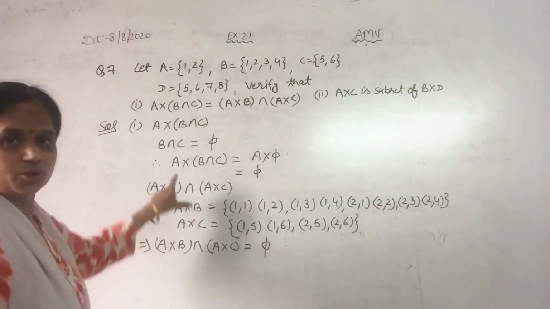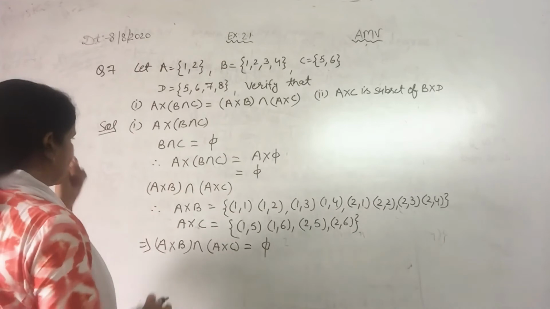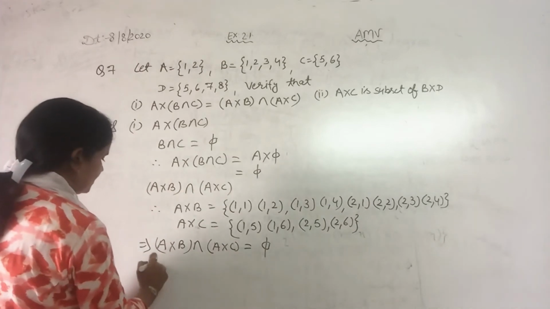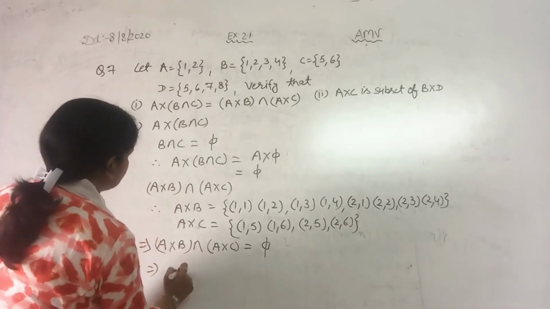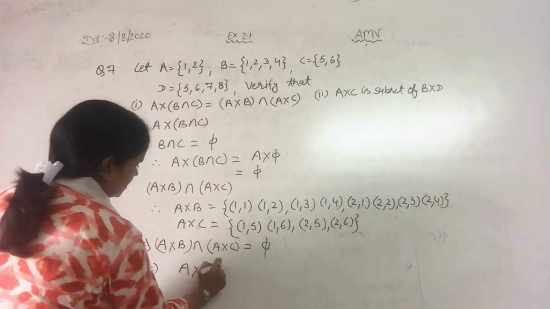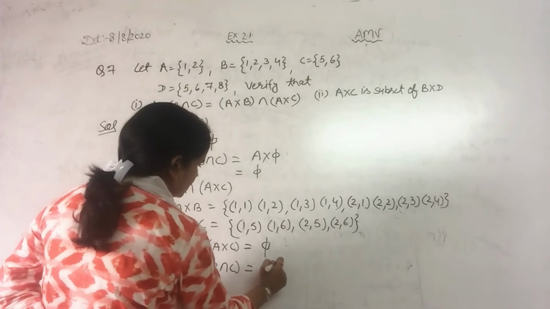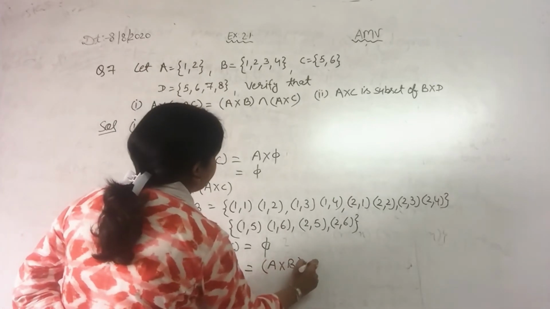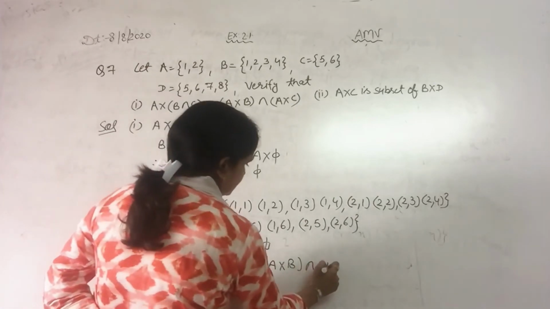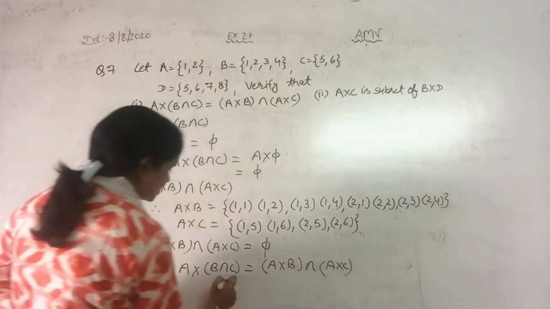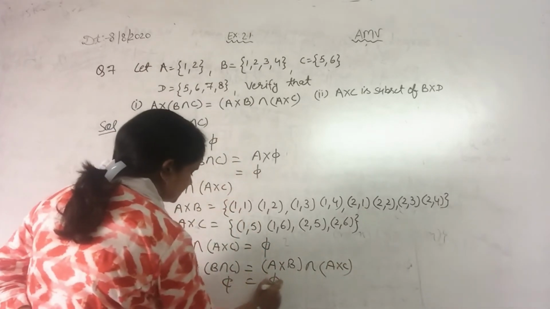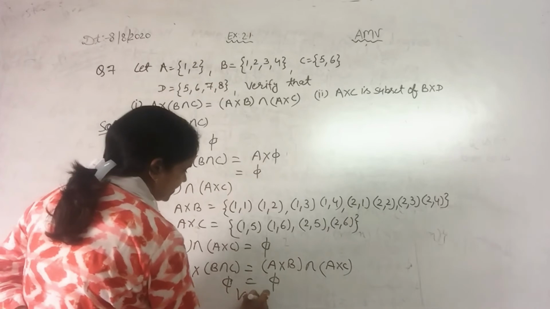Here both are equal. So it's verified. You can write here A × (B intersection C) is equal to (A × B) intersection (A × C). Both are empty. So it's verified.